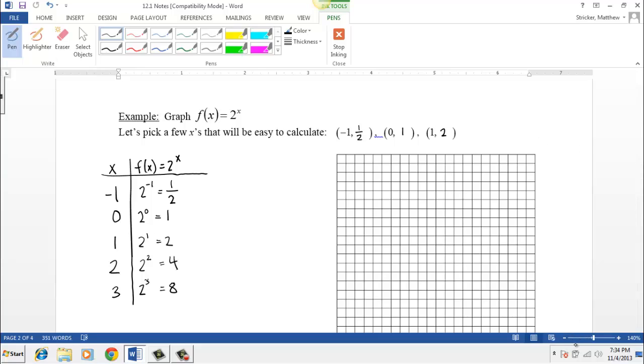And so we can go ahead and put these points on the graph and see that the shape should be the same sort of shape as what we saw in the graphs on the previous page. Let's go ahead and put those in there. So first, the point -1, 1/2 is right about there.